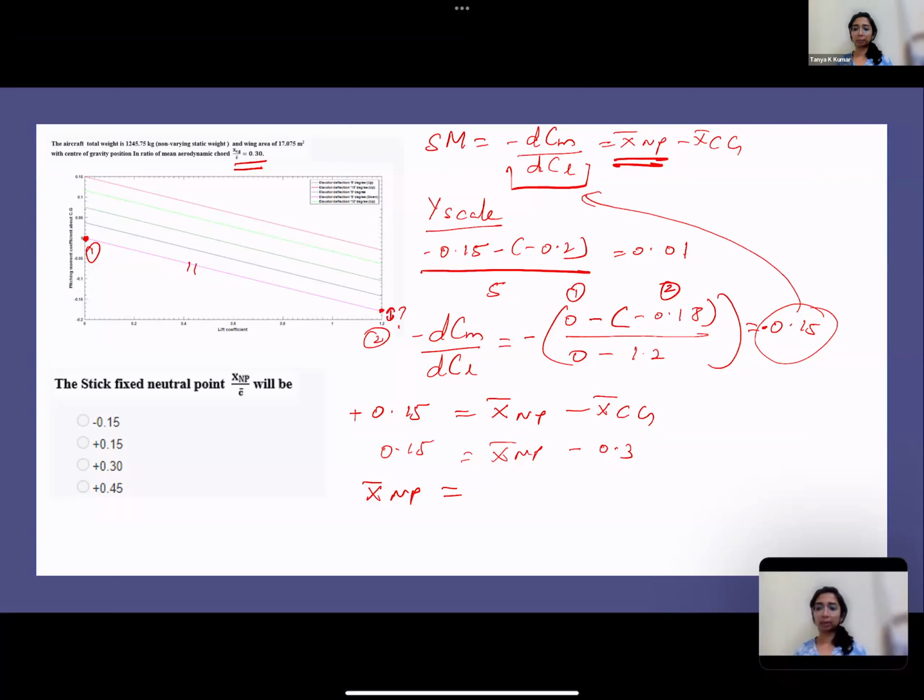How much is x bar NP? Just 0.45, right? So is this aircraft stable or not stable? Look at the graph or look at the XNP, XCG values. Just tell me if the aircraft is stable or not stable.